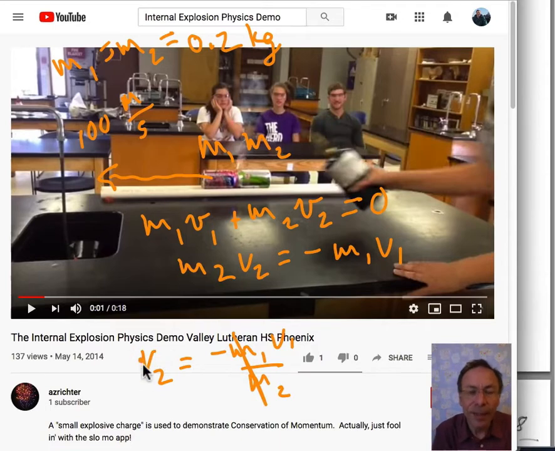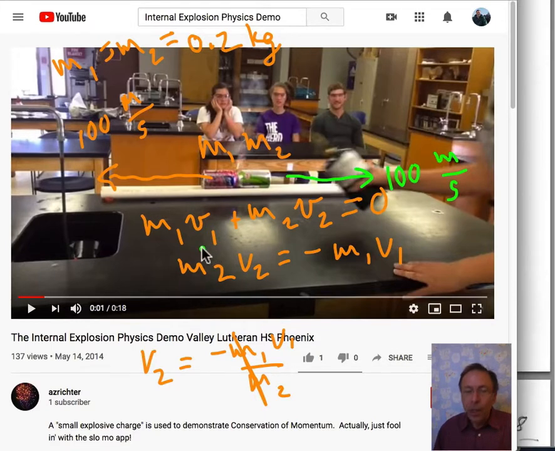And so v2 is equal to the negative of velocity 1. So if this one went to the left at 100 meters per second, then the other one is going to go to the right at 100 meters per second.